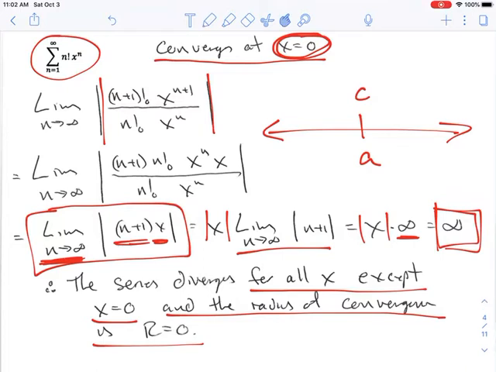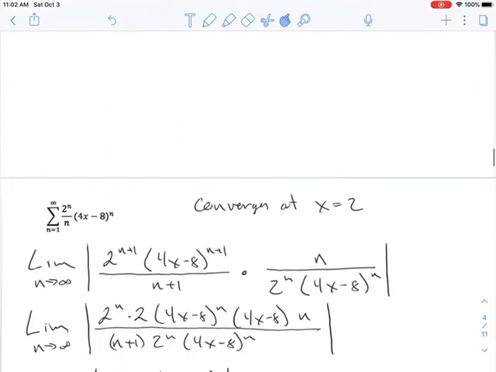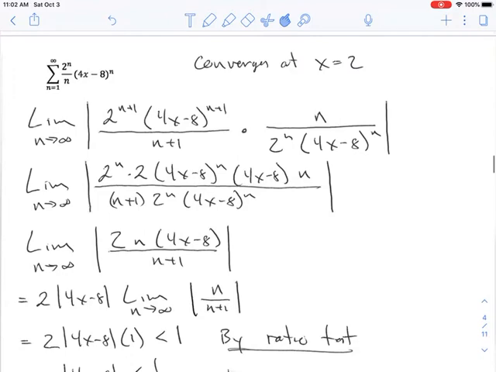Next up, here we have a power series. And so we know that it converges at x equals 2. Now, this looks a little bit different than other power series.